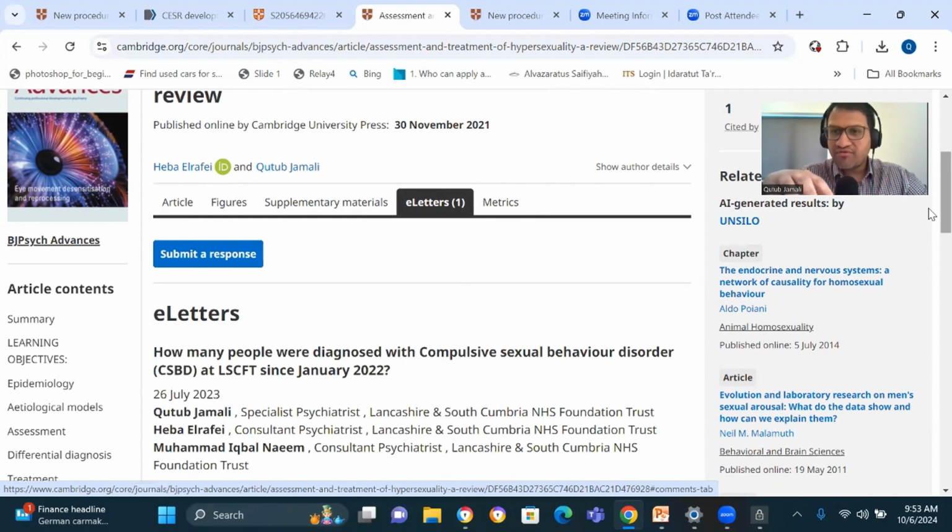Before we were using ICD-10, but now we have started using ICD-11. In ICD-11, they've included compulsive sexual behavior disorder as a standalone diagnosis, which was not there in ICD-10.